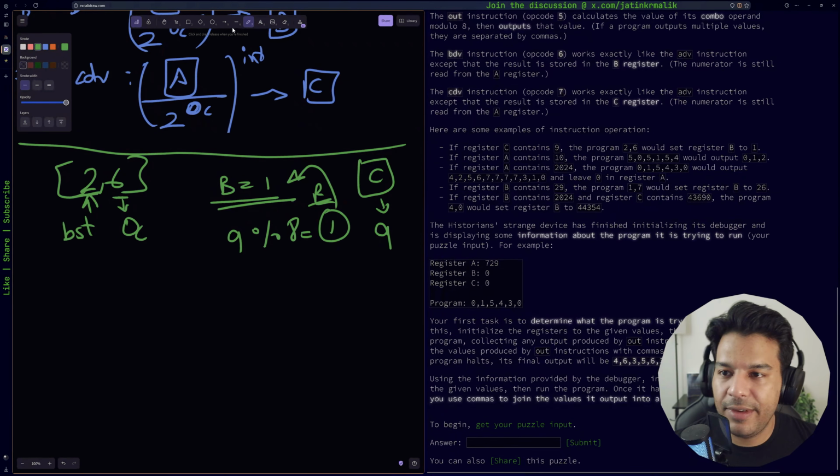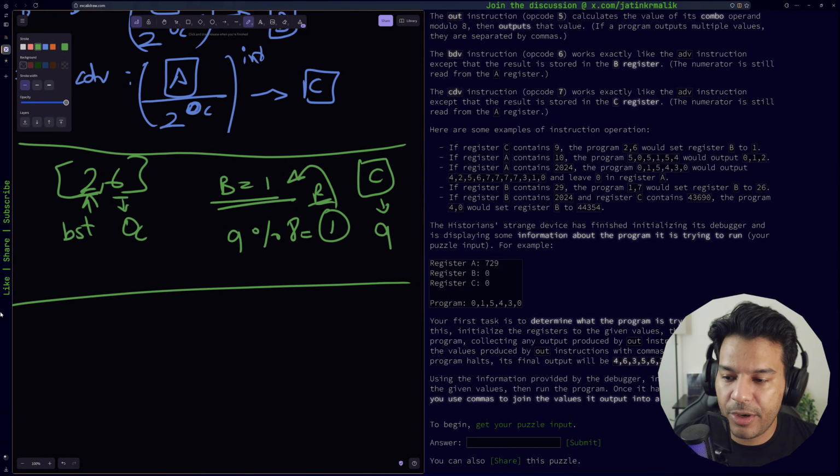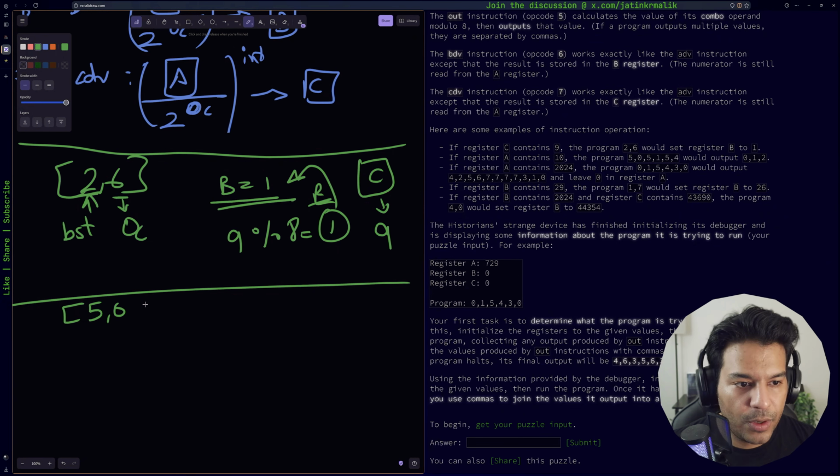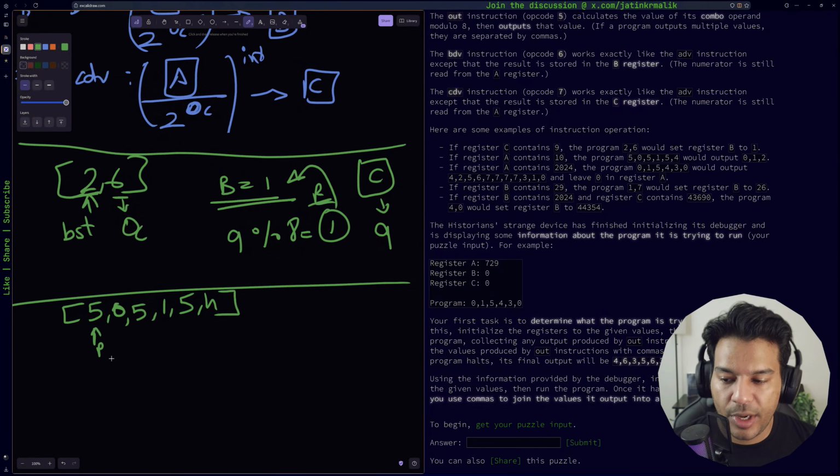And similarly, I think we are given another case. So let me draw a line so we don't confuse ourselves. Where we are given a program 5,0,5,1,5,4. So in this case also our instruction pointer pointing with P will start with this, where the first part is opcode and the second part is our operand.